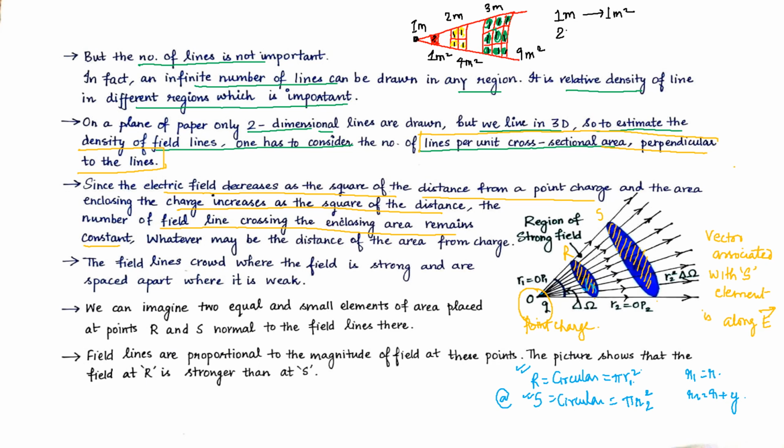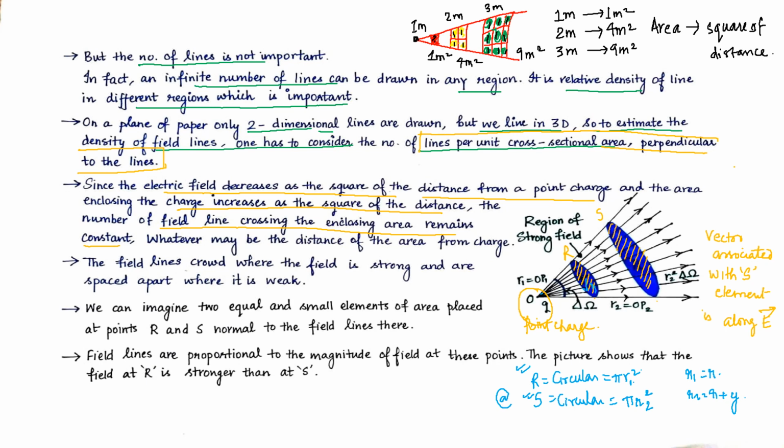At 2 meters away, area is 4 meter square, and similarly at 3 meters it is 9 meter square. So area is increasing as the square of the distance.